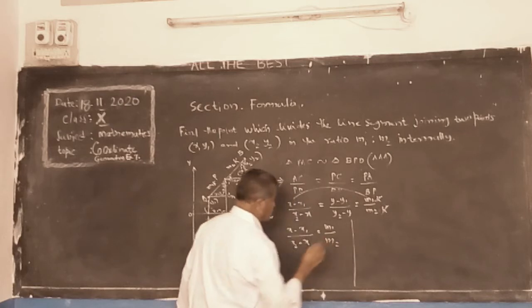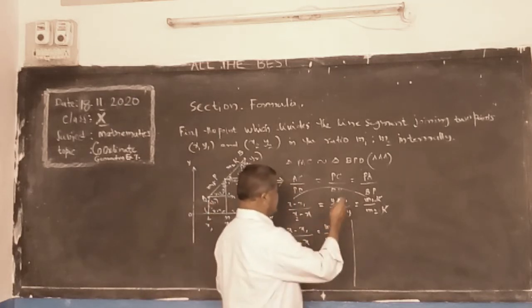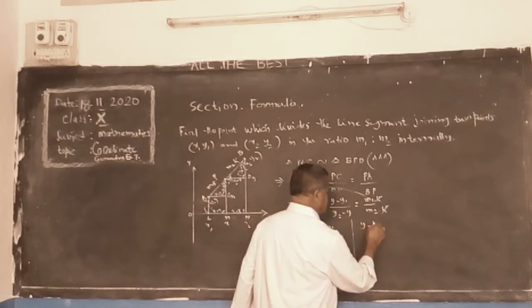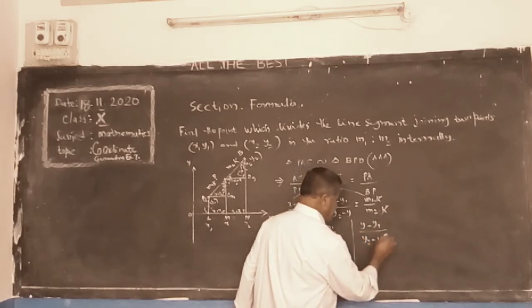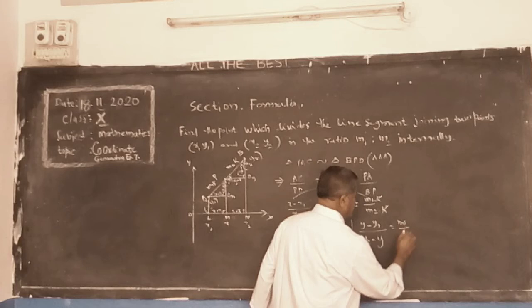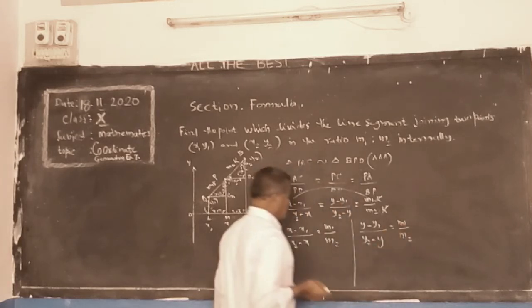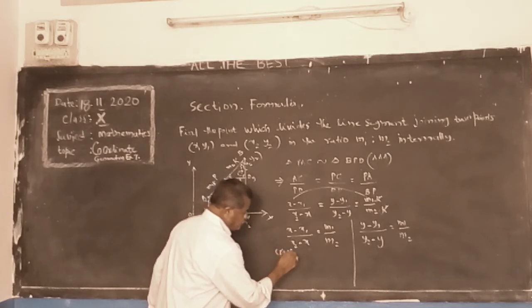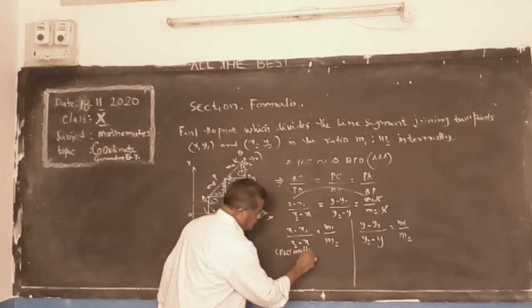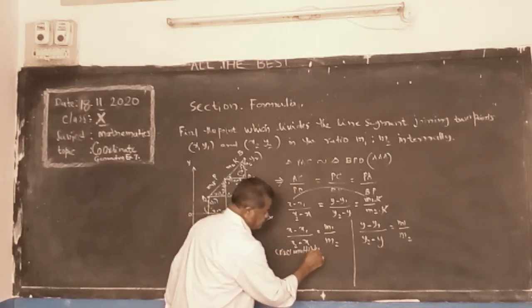This is for the x coordinates, and for the y coordinates, (y minus y1) by (y2 minus y) is equal to m1 by m2. Cross multiplying.